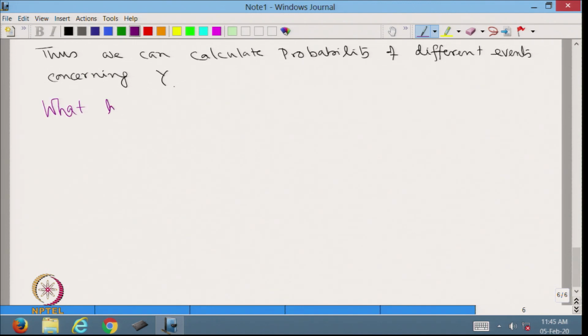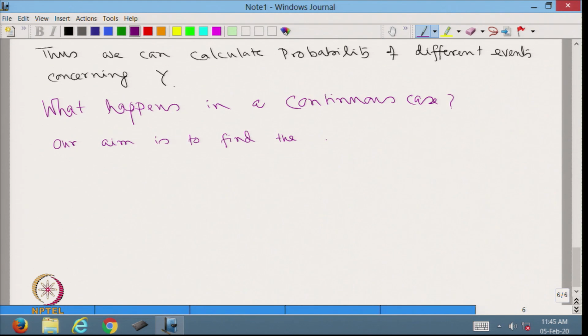What happens in a continuous case? So, our aim is to find the PDF g_y of y, where y is equal to h of x.